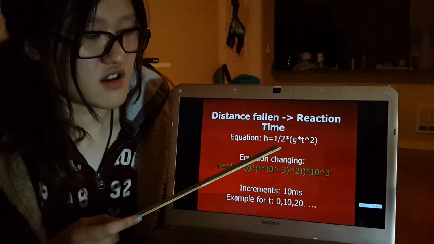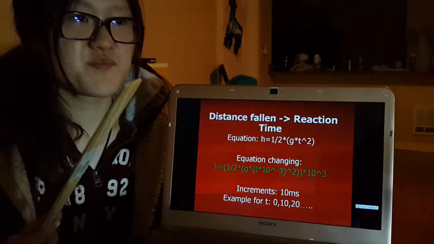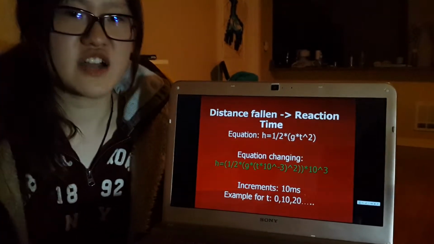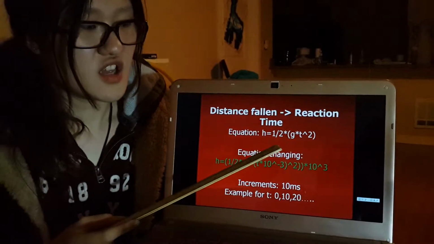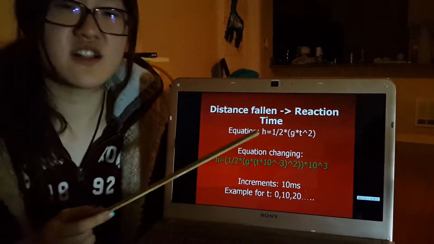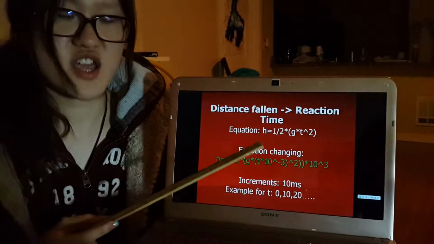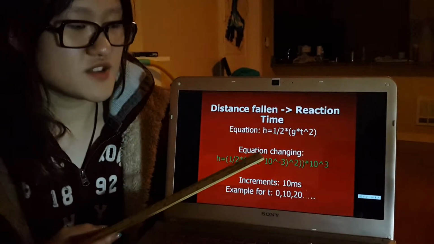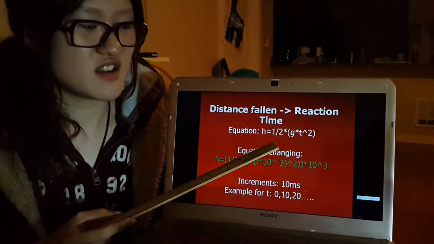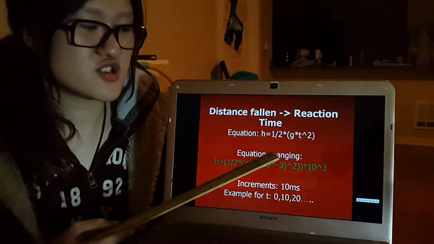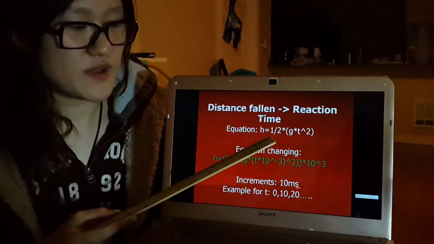But according to the project, the units for t and h are different. The unit for t is millisecond, and the unit for h is millimeters. Because the units are different from the ones we used before in this equation, we have to change it a little bit.